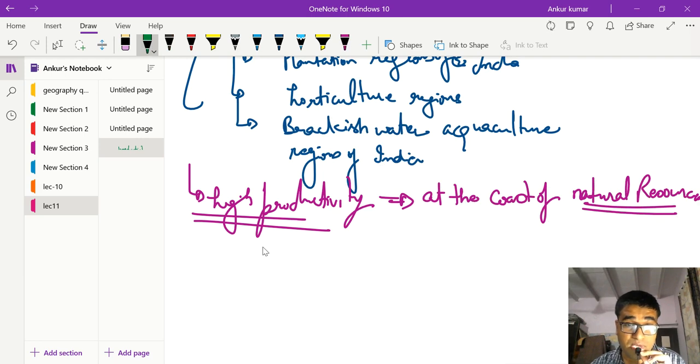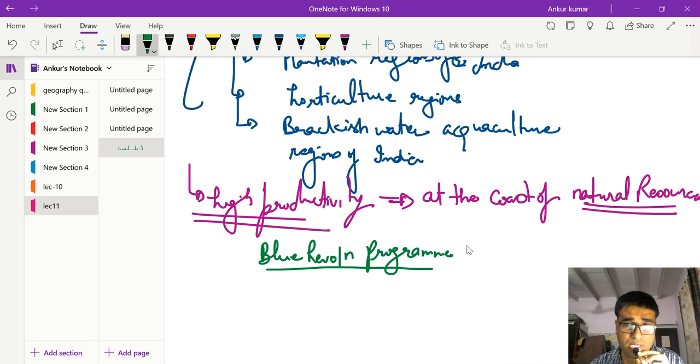Now what happened when we undertook the blue revolution program? Although we will do it in the same part of agriculture, let us introduce it here. In 1980 when we started it, it was dominated by marine aquaculture.